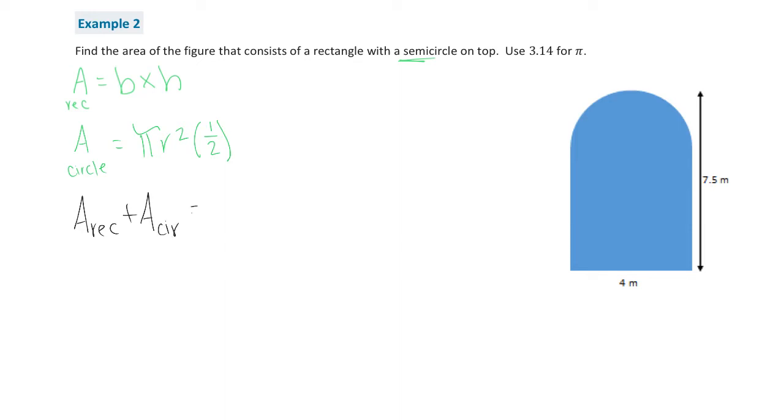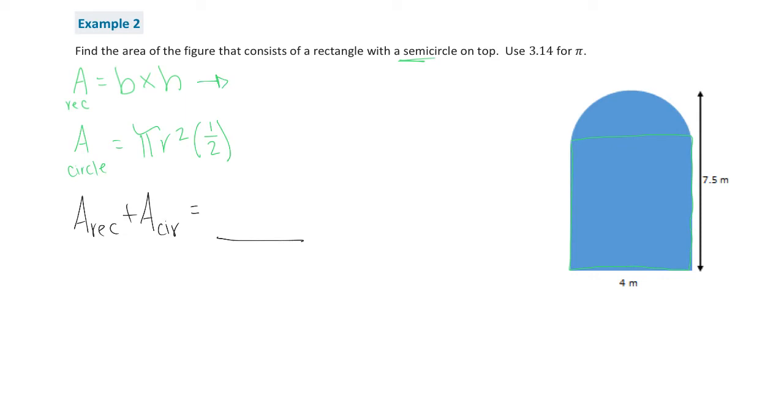And it is going to give us our total area of this figure here. So let's go ahead and look at our rectangle. Here is our rectangle. And we know that our rectangle is going to be 4 meters for our base.